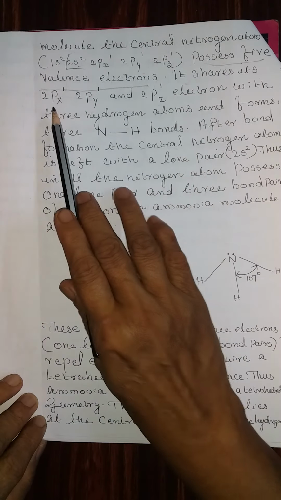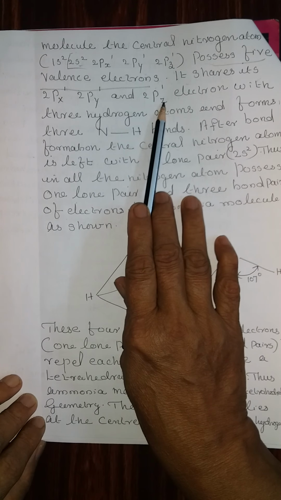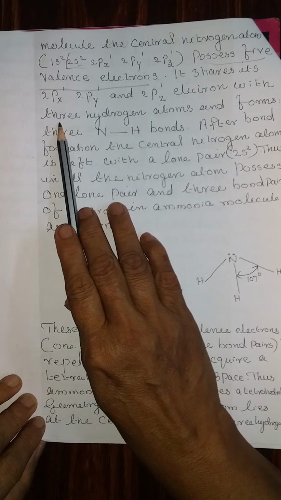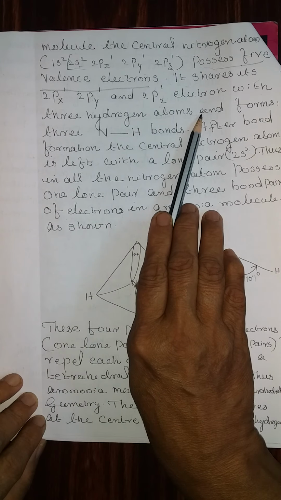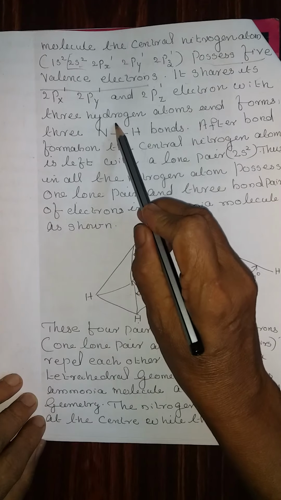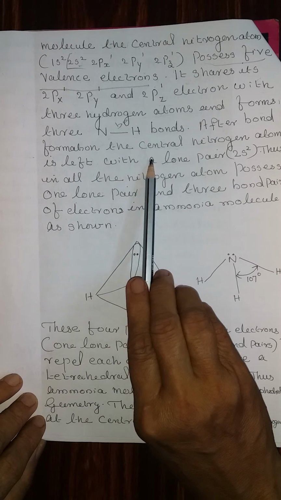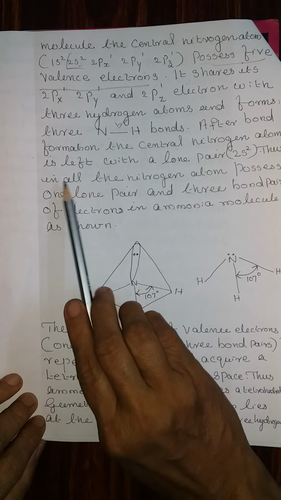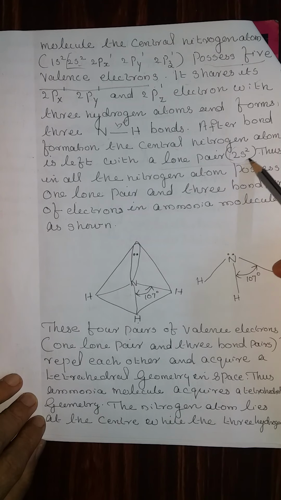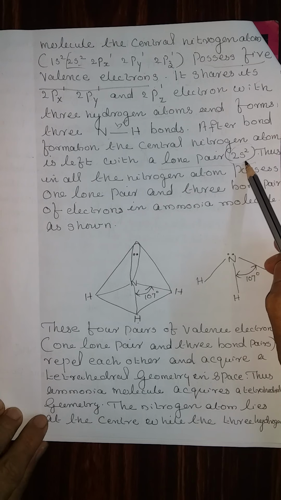It shares its 3 p orbital electrons, that means px, py, pz, with 3 hydrogen atoms and forms 3 nitrogen-hydrogen bonds. That is a bond pair. After the bond formation, the central nitrogen atom is left with a lone pair, meaning the 2s2 electron is not taking part at all in the bond formation.